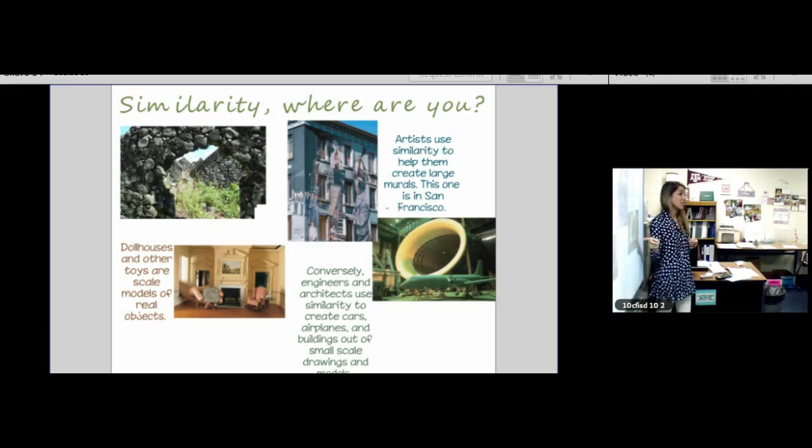Now, wouldn't it cost a lot more money to do that with a real airplane in a real wind tunnel? Yes. So instead, they take a real airplane. They scale all the measurements down, so it's the exact same airplane, but just smaller. And then they put that one in the smaller wind tunnel, which costs a lot less money, and then they can determine if any changes need to be made to the real airplane that costs thousands, millions of dollars.